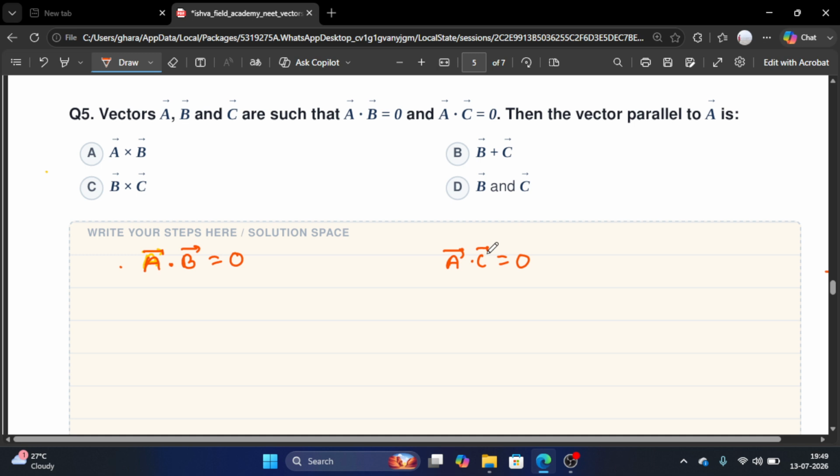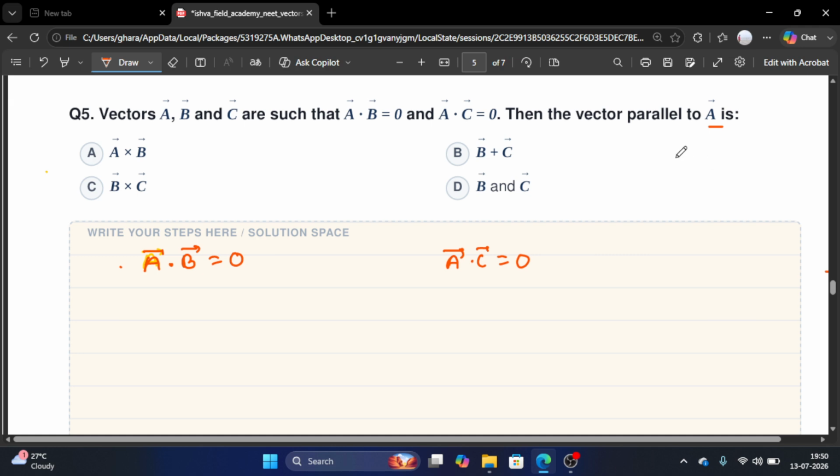How do I calculate this one? Given a dot b and a dot c equal to 0, we know that a is parallel to which vector, a cross b cross c.